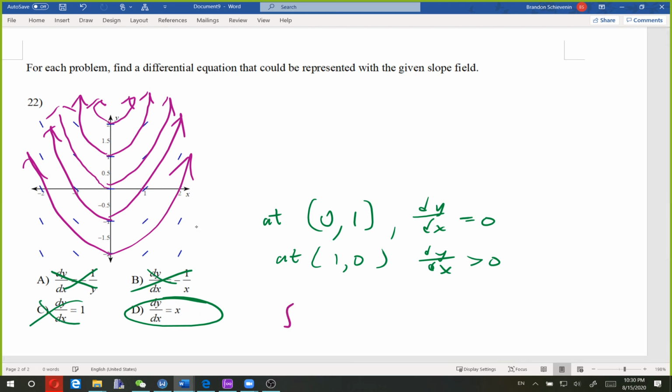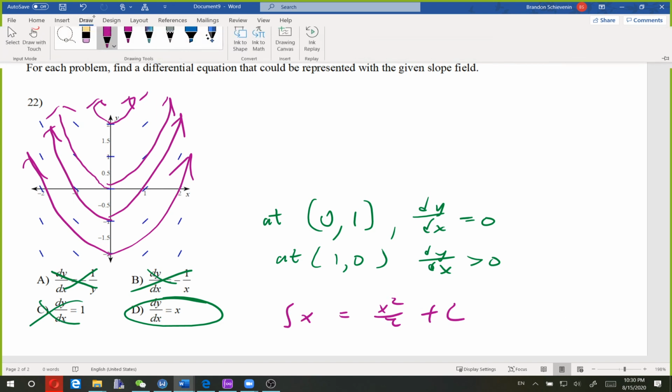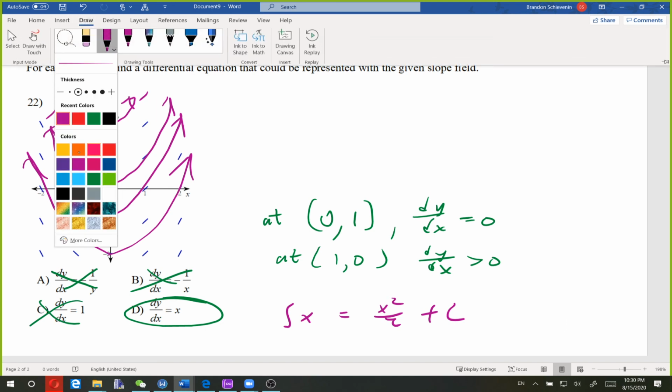If I integrate x, we'll get x squared over 2, which is a parabola-type shape, plus C. That plus C means this could be x squared over 2 plus 1, which would mean I'd raise that x squared over 2 by 1 and get this particular parabola, which I'll draw here in orange.